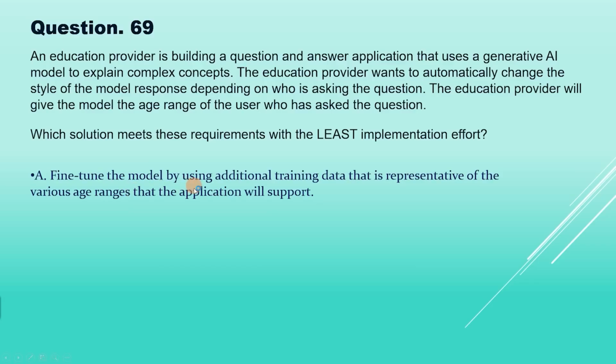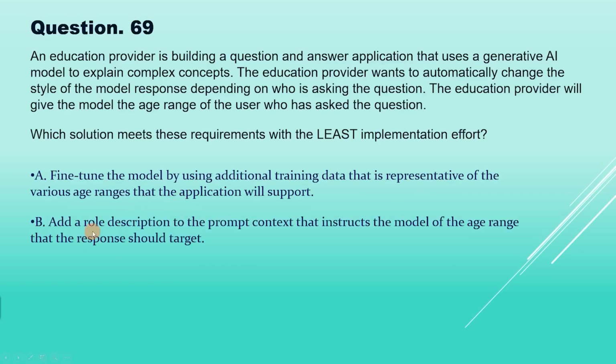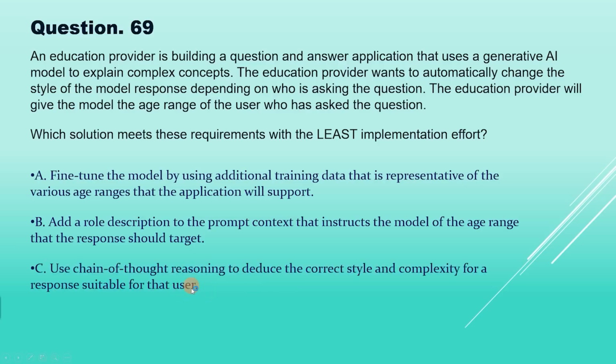Option A, fine-tune the model by using additional training data that is representative of the various age ranges that the application will support. Option B, add a role description to the prompt context that instructs the model of the age range that the response should target. Option C, use chain of thought reasoning to deduce the correct style and complexity for a response suitable for that user.